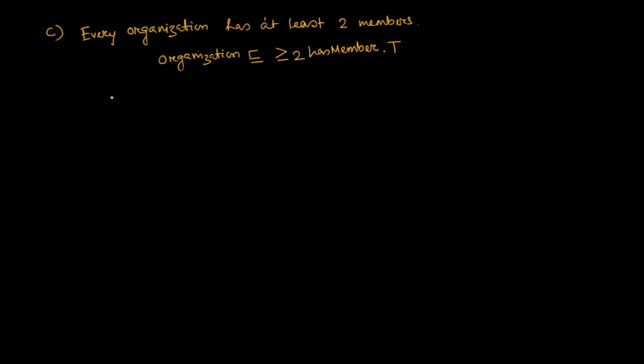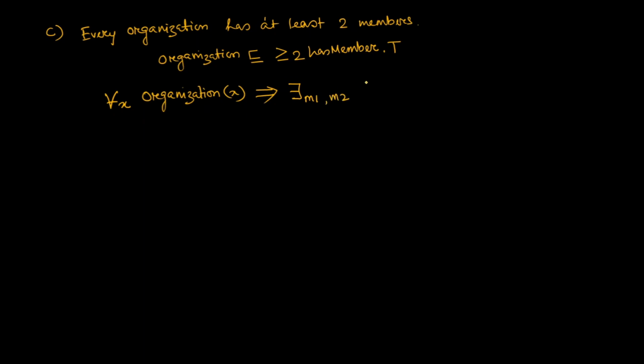So as we did earlier, we'll be writing for all X, organization X, and this implies we need to make sure that there are at least two members. So we say there exist M1 and M2.